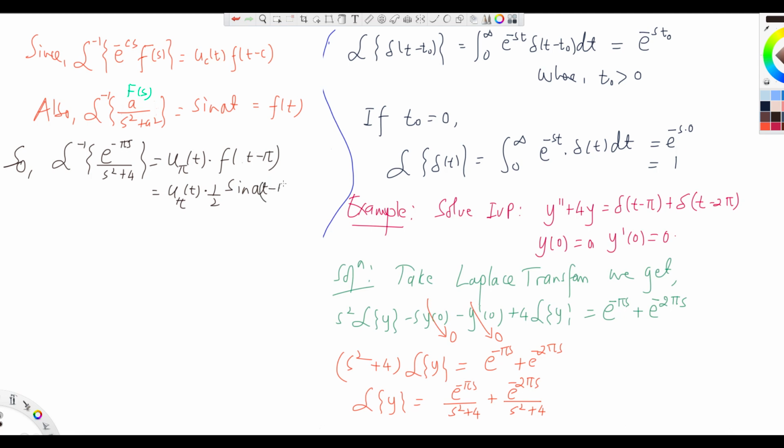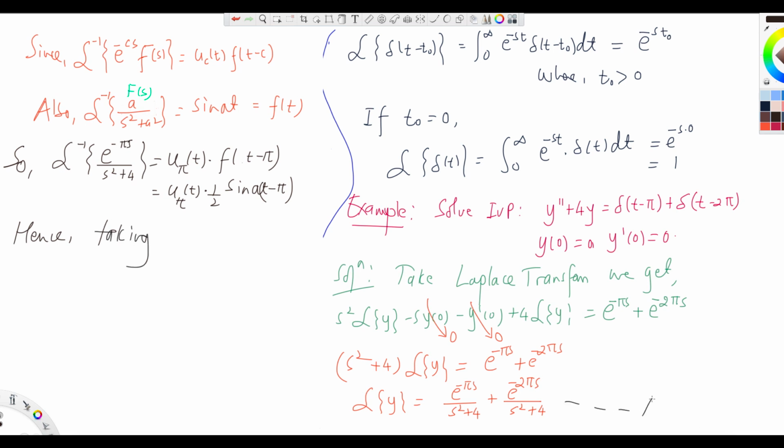That's what you can write. Similarly, the other one will be u_2pi of t and then 1/2 sine 2(t minus 2 pi).